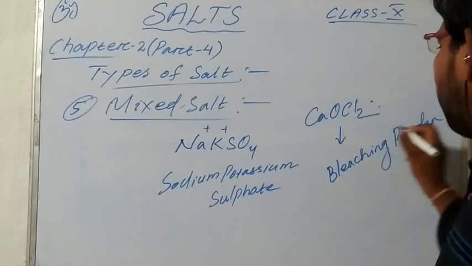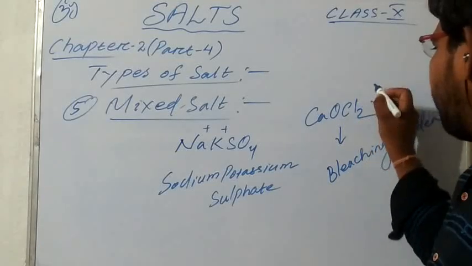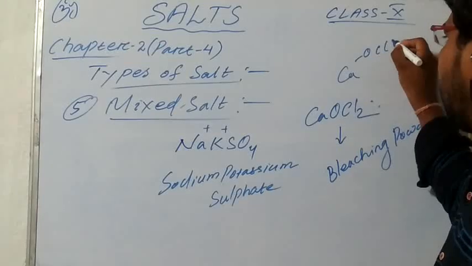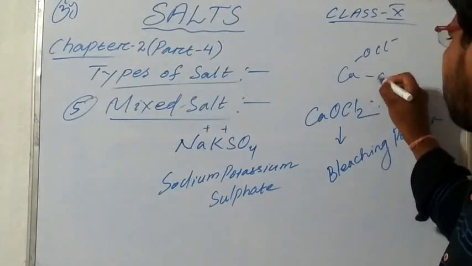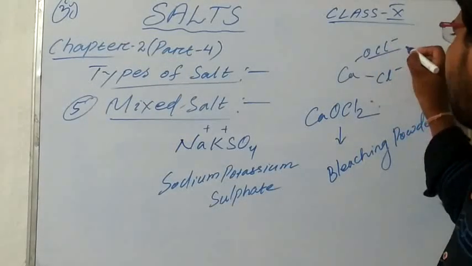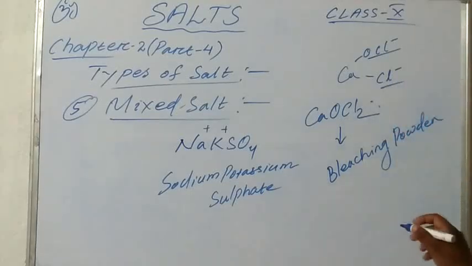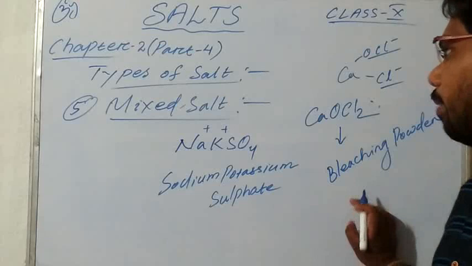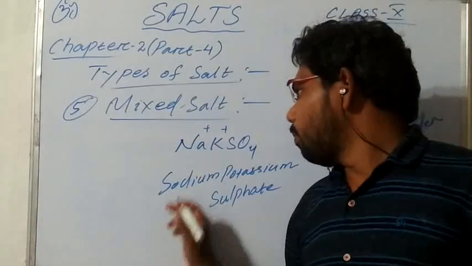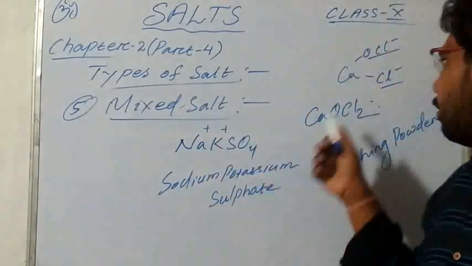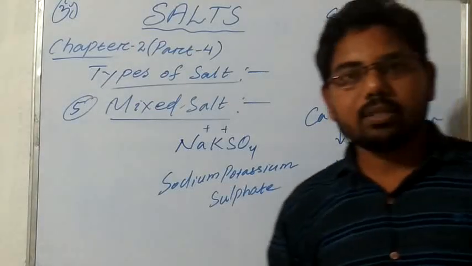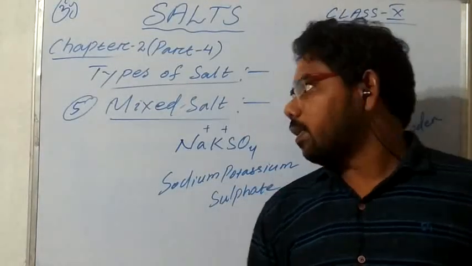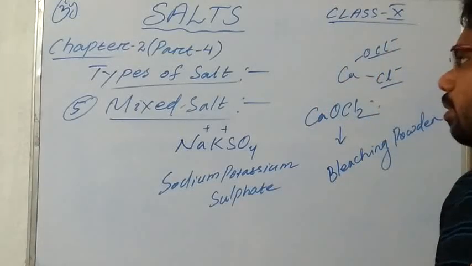Here 2 anions are present, Cl- and OCl-, one negative ion and another negative ion, so this is also a mixed salt. A mixed salt is a salt in which 2 positive ions or 2 negative ions are present. So these are the different types of salt we have discussed.